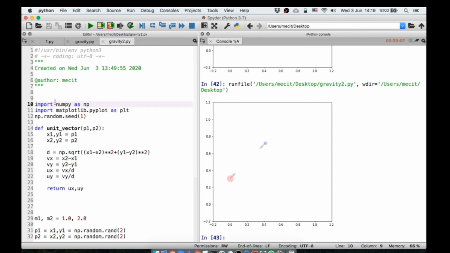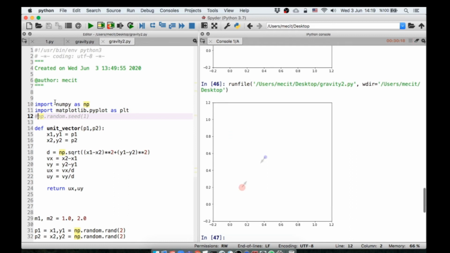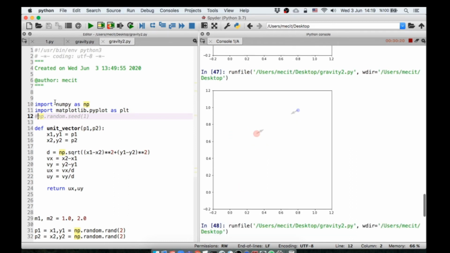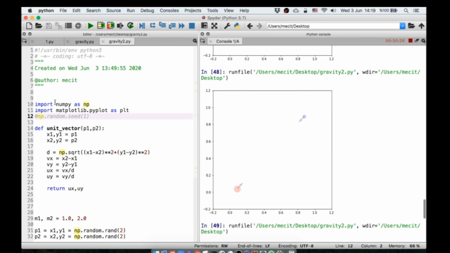And then if I switch this off for a while to see, okay, now I want you to pay attention to two facts. The directions of the vectors are correct, and also they are unit vectors.